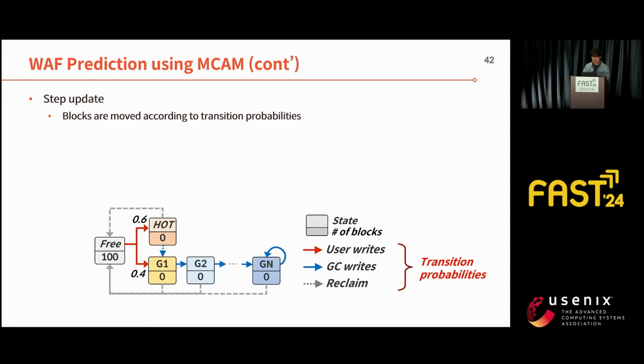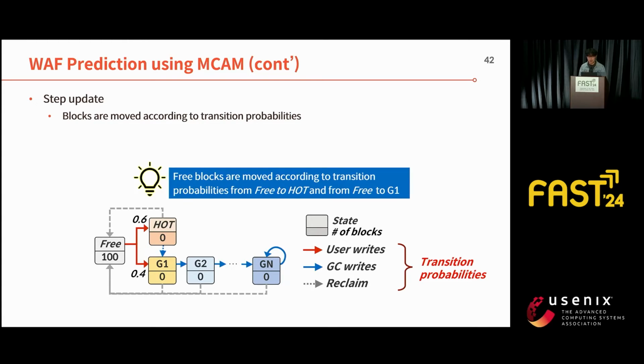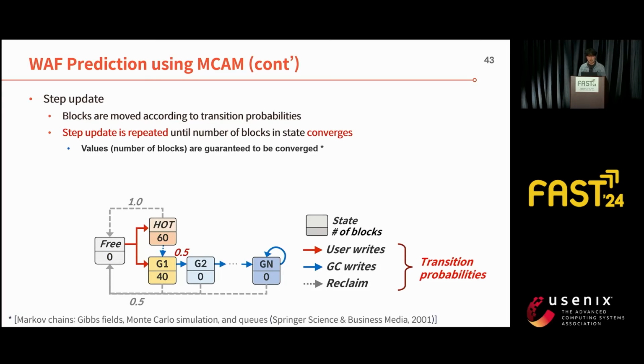A step update is the process where blocks move to different stages according to their transition probabilities. Here, free blocks are moved according to the transition probabilities from free to hot and from free to G1. These step updates are repeated until the number of blocks in each stage converges.